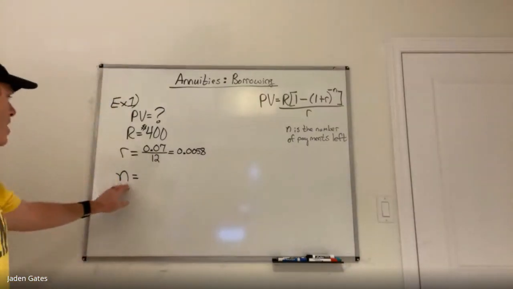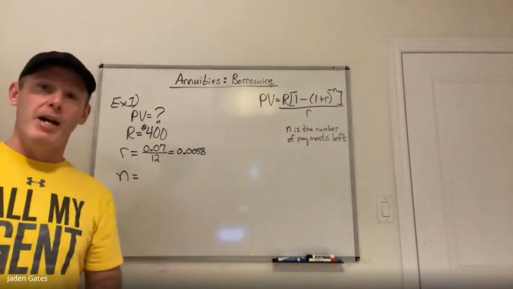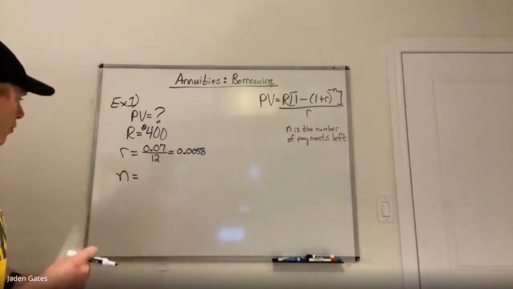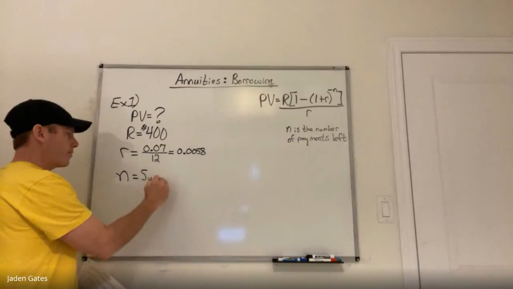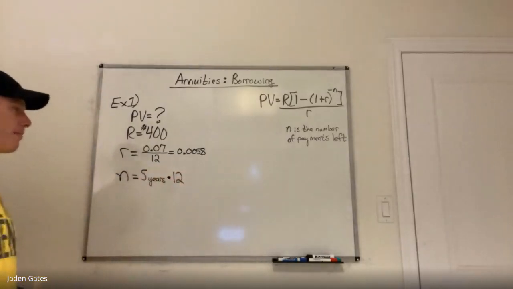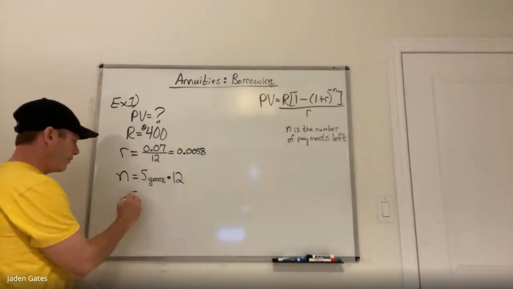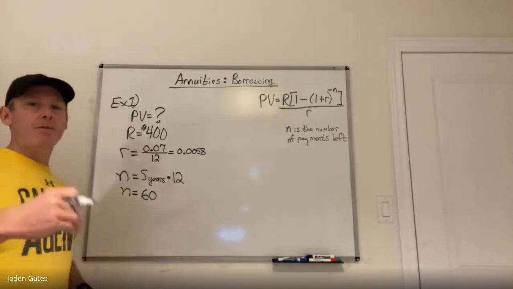All right, now the number of payments left. Well, if this person is just borrowing the money now, they're going to have to make all those payments. So they are looking at 5 years' worth of payments. And each of those years, because they are making monthly payments, there's 12 of them. And so 5 times 12 is 60 total payments left at the beginning of the loan.